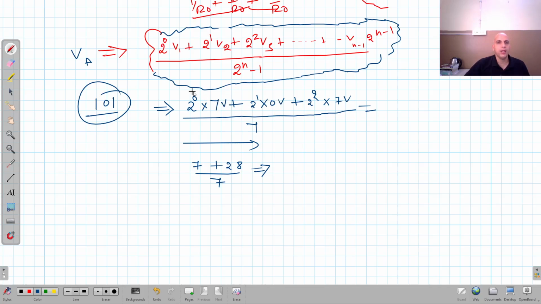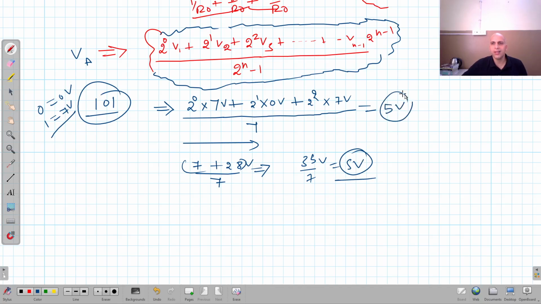One thing I want to tell you is that in this particular example I am taking 0 equal to 0 volt and 1 equal to 7 volt. In a numerical problem, you can be given this value depending upon the problem, so there is no need to worry. If they give 1 equal to 5 volt, then you have to multiply with that. So I got 35 divided by 7, that is 5 volt.